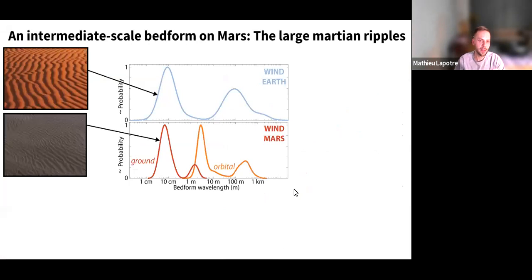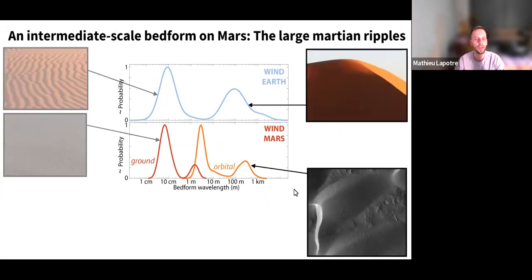And on both planets, sandy deserts have a mode of bedforms with decimeter scale wavelengths. These are the small ripples that you can see in the pictures to the left. We also see 100-meter to kilometer scale bedforms on both planets, and these are the big dunes, like the ones that are shown on the right.